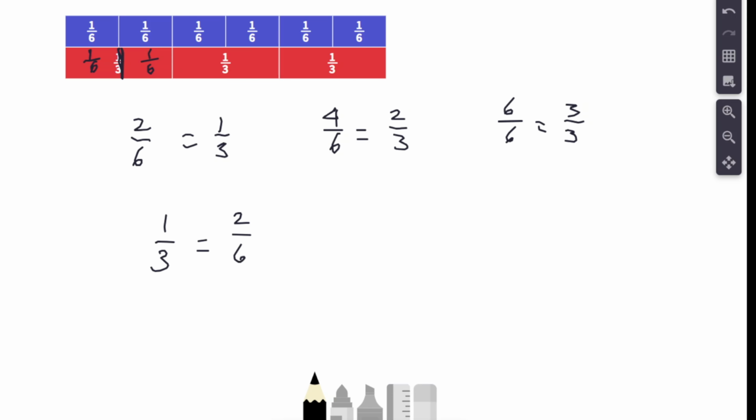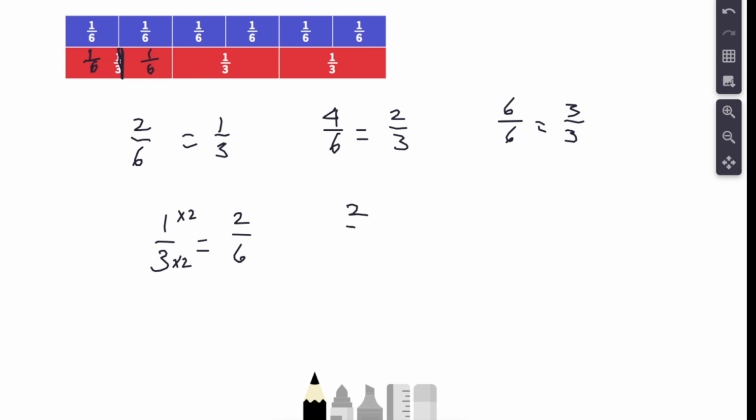So in other words, we are going to cut this third into 2 pieces by multiplying the numerator and the denominator by 2. When we write multiply by 2 in the numerator and also the denominator, we are saying that the third is being cut into 2 pieces. All right?